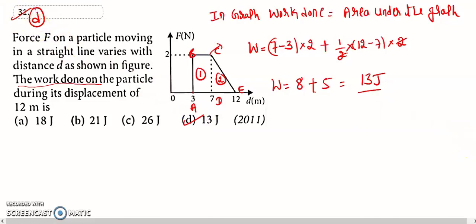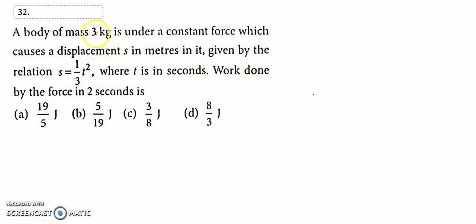So let's move to 32. Look at question 32. The mass is 3 kg, under a constant force, and the displacement s in meters is given. We are asked to calculate the work done in 2 seconds.